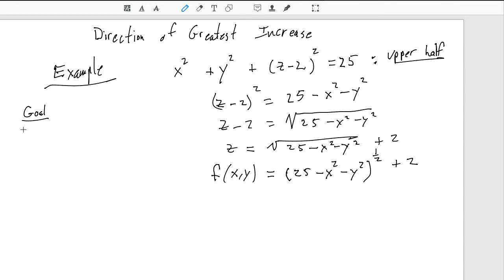Our goal is to find the direction of greatest increase at a specific point P, and we have 0, 4, 5.